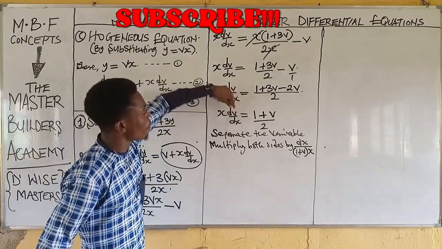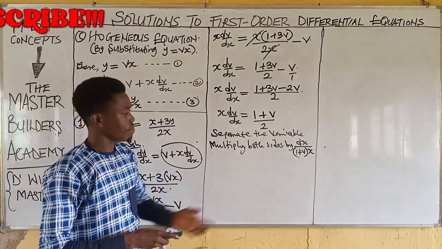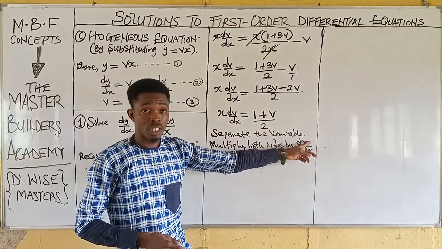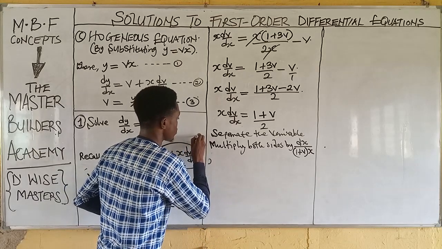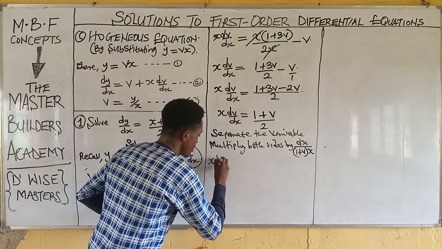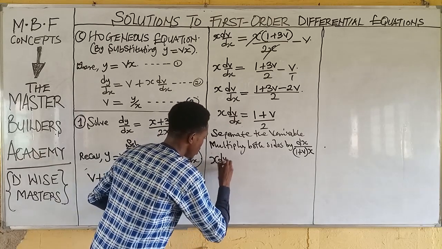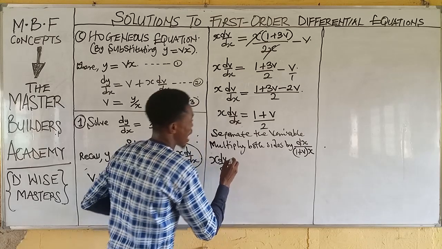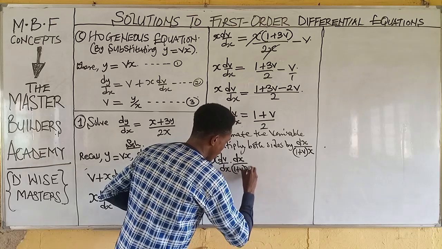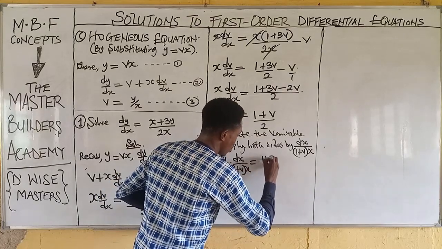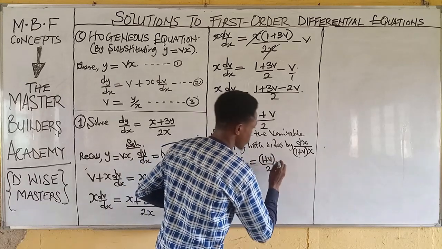All I need to do now is to multiply both the left hand side and the right hand side by this expression. Then we have x dv over dx multiplied by dx over 1 plus v x is equal to 1 plus v over 2 multiplied by what?